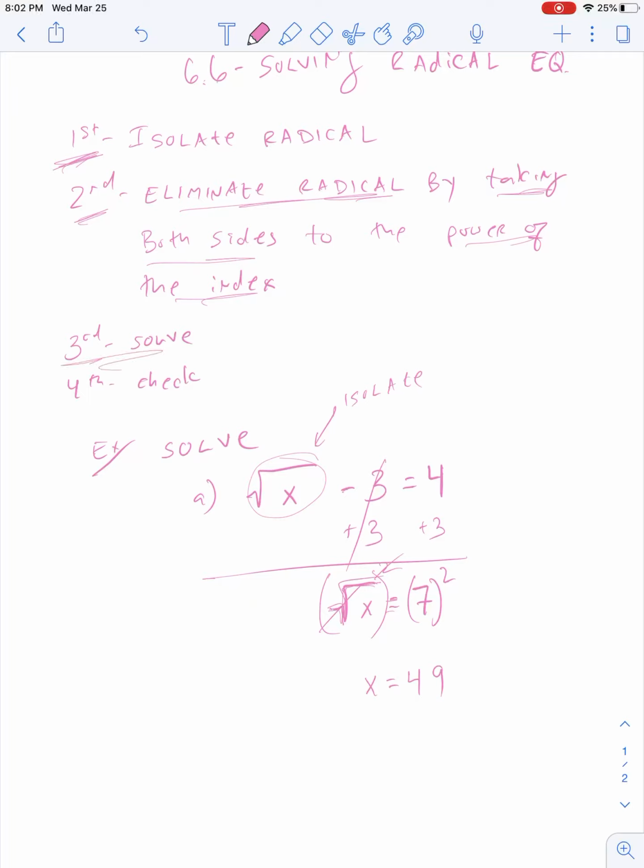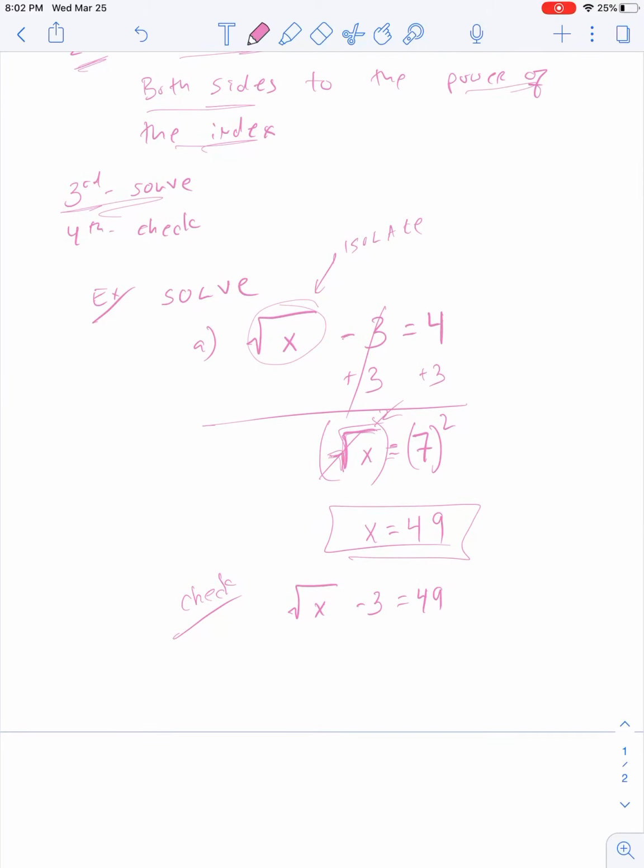Right, and that's our third step, solve. So here, nice example, we got x by itself. You can easily check your work. So our original equation was this.